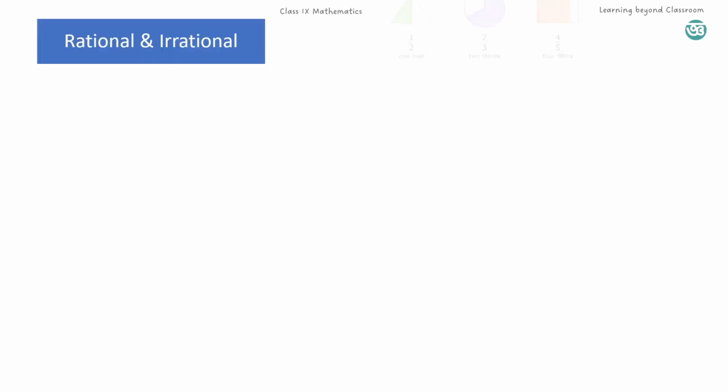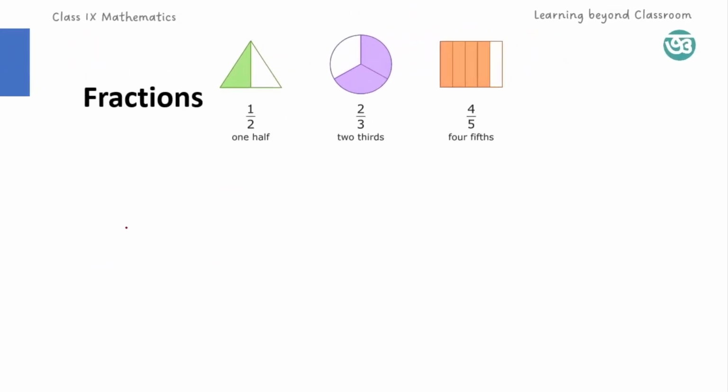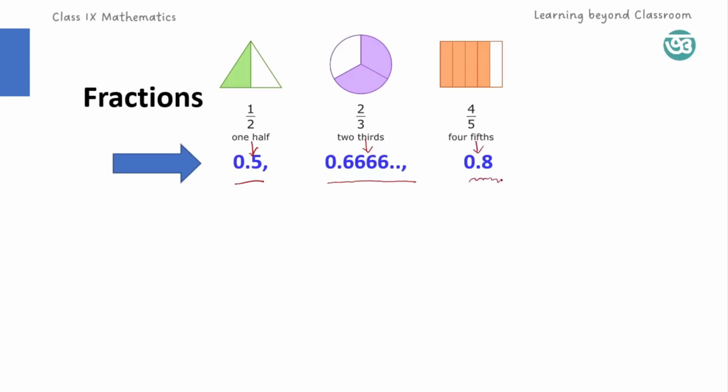Now, these fractions can also be expressed in decimal form. For example, 1/2 is 0.5, 2/3 is equal to 0.6666, etc., and 4/5 is equal to 0.8.